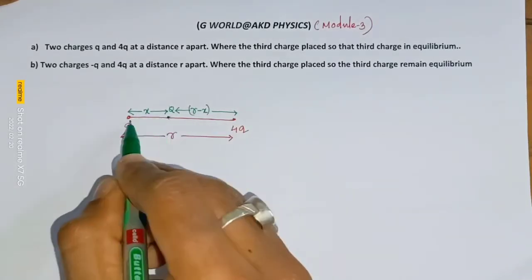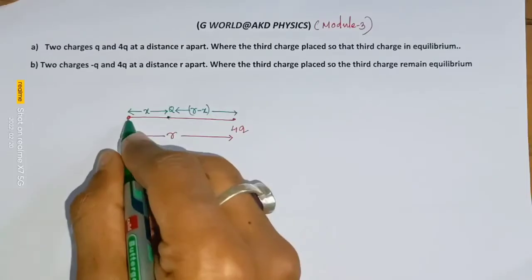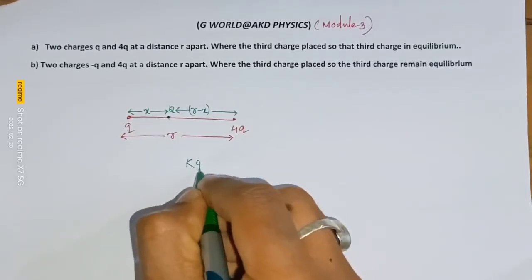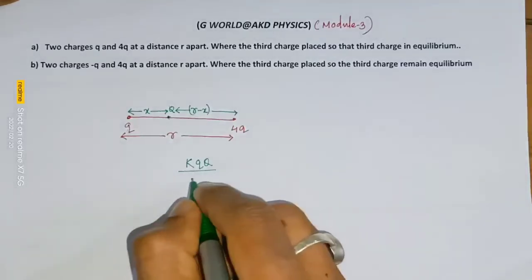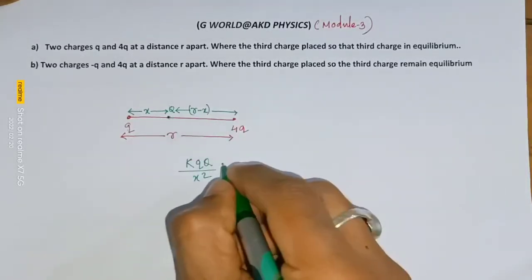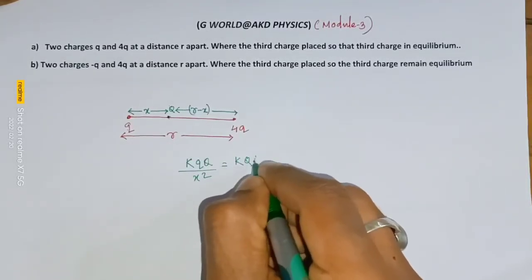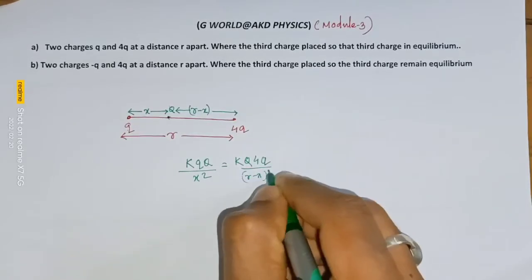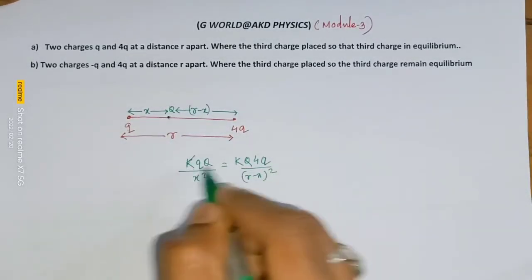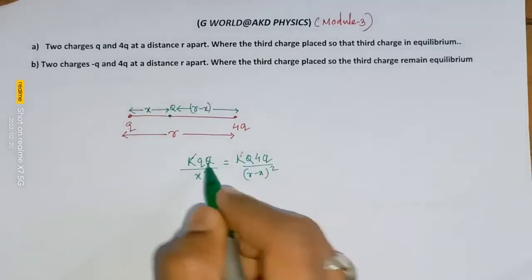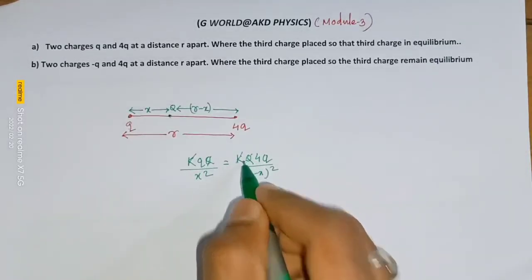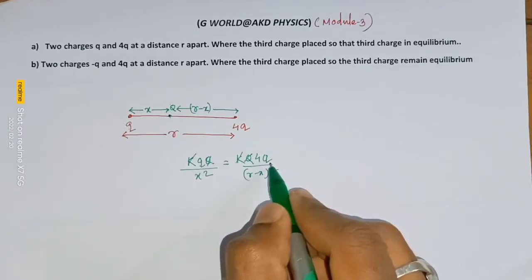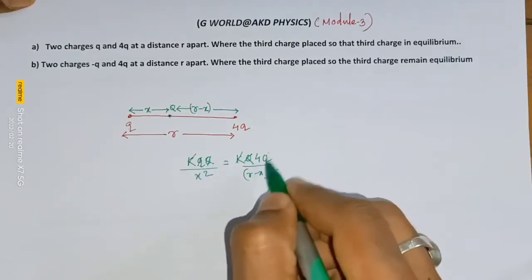Using Coulomb's law, the force due to this charge Q is kQq upon x square, which must equal kq times 4Q upon r minus x whole square. If you see carefully, the k cancels, the q cancels, and Q and Q also cancel.